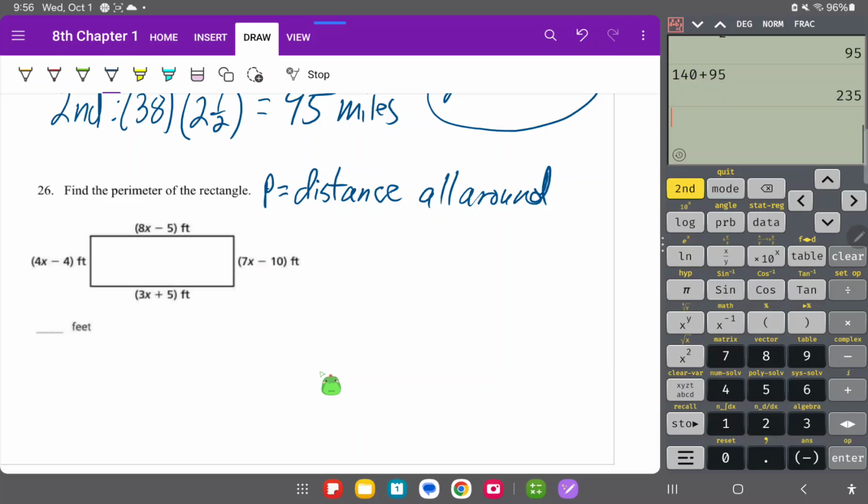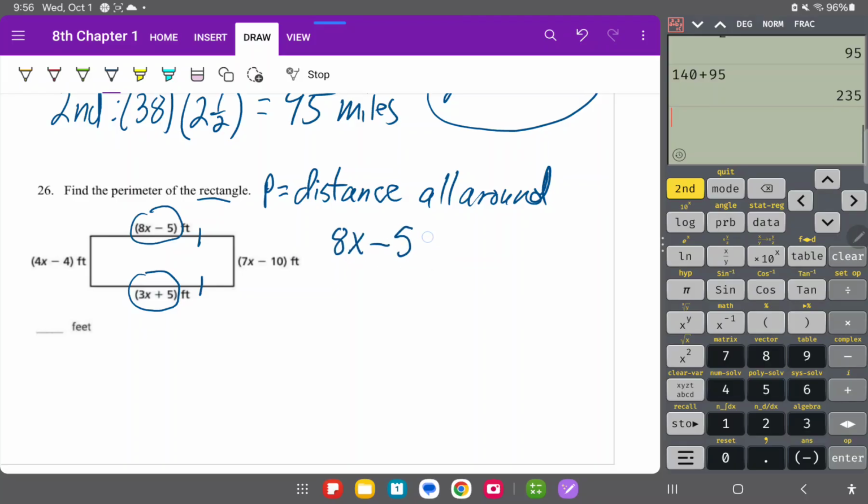But to be able to do this, I have to know what these lengths are. Now, I know in a rectangle, the opposite sides are equal. So this side over here equals that over there. They're the same length. So that's what I'm going to start off with.